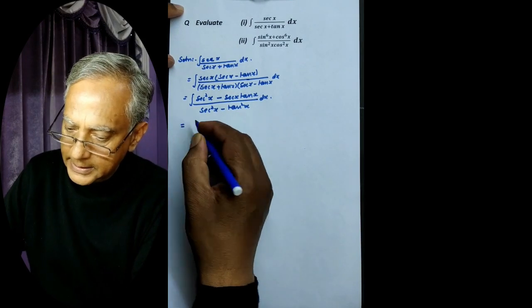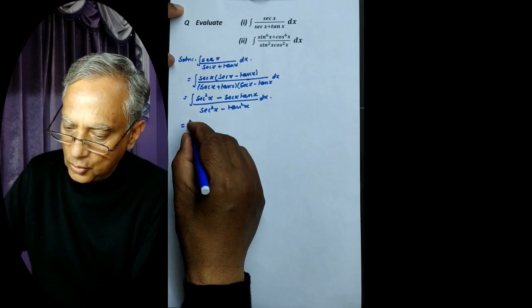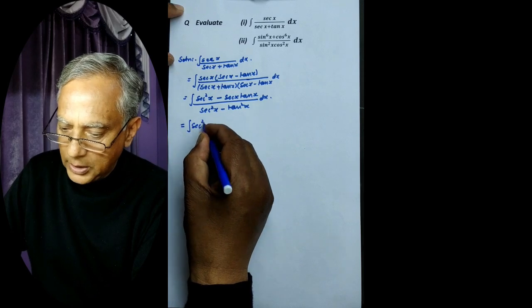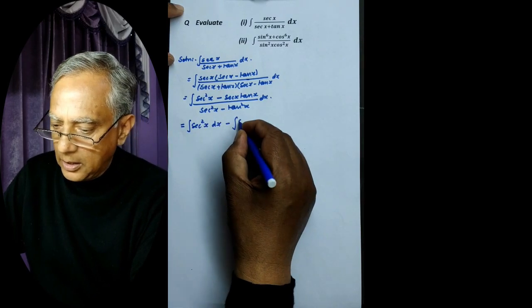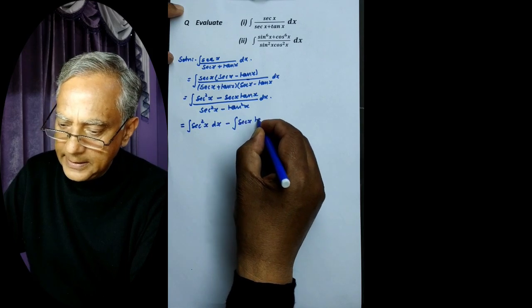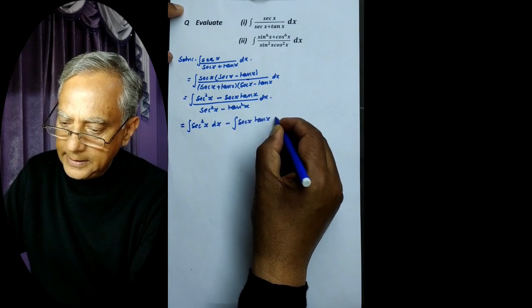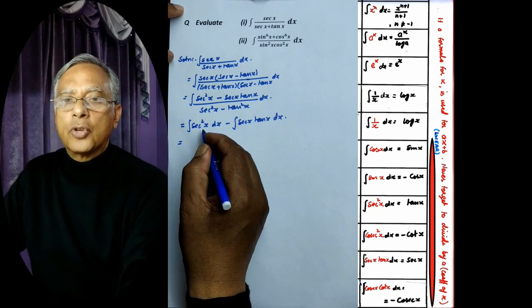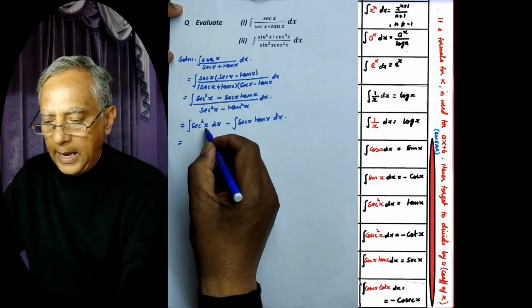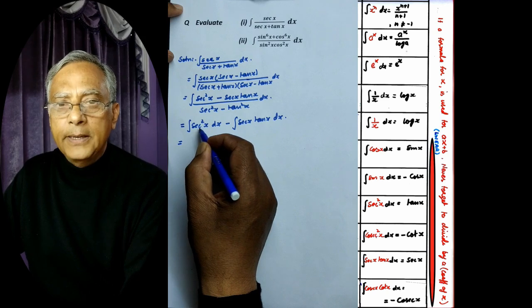So this is equal to, now this is 1, so we have integral of secant square x dx minus integral of secant x tangent x dx. Now integration of secant square x. Secant square x is the differentiation of tangent x.